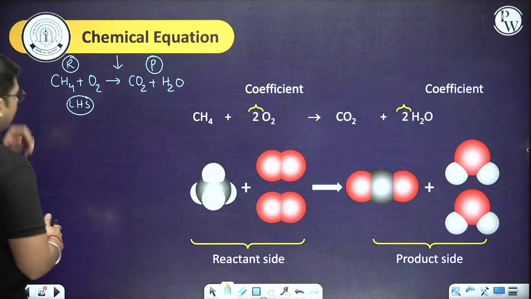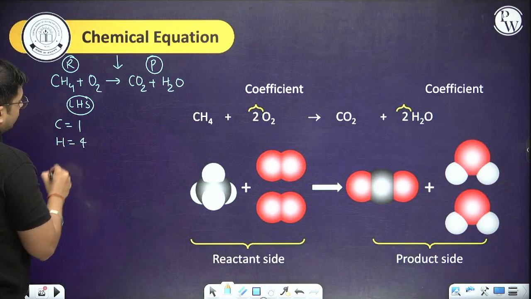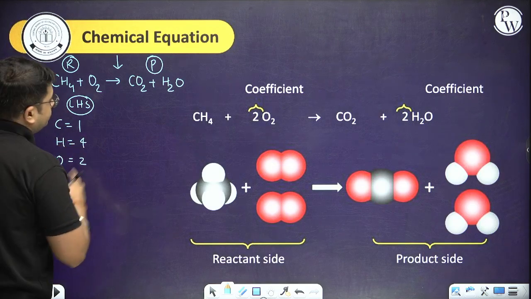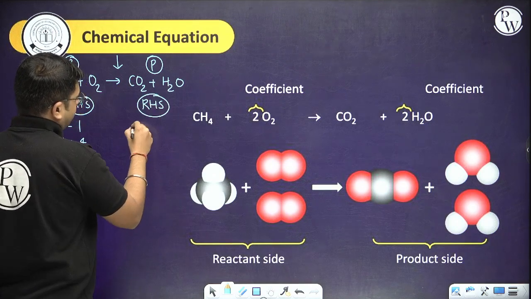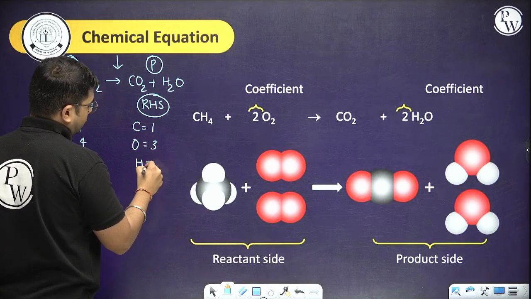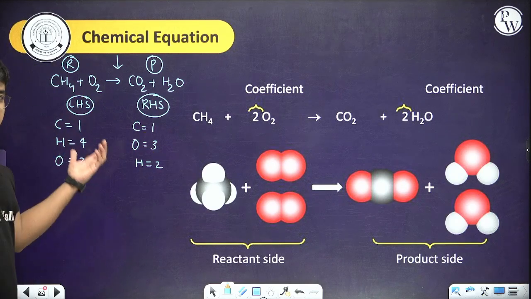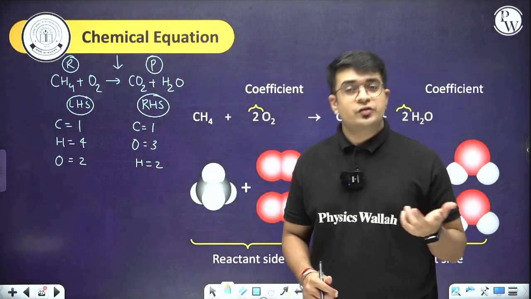Okay, so on the LHS you can see carbon is 1, hydrogens are 4, and oxygens are 2. On the right-hand side you can see that carbon is 1, but oxygens are 3 and hydrogens are only 2. So you can see their numbers are not the same. It means we cannot apply the law of conservation of mass.